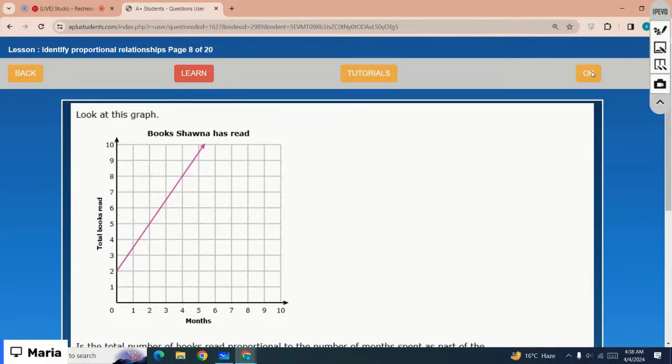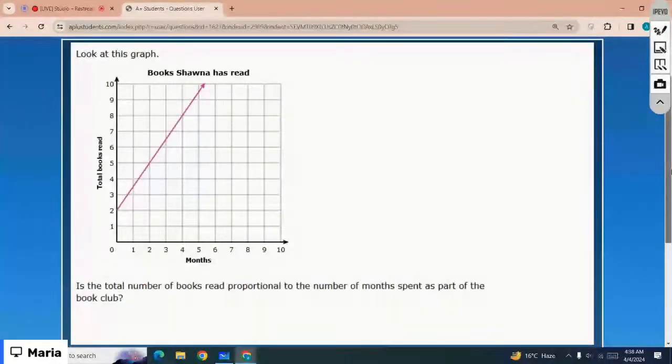Is the total number of books read proportional to the number of months spent as part of the book club?